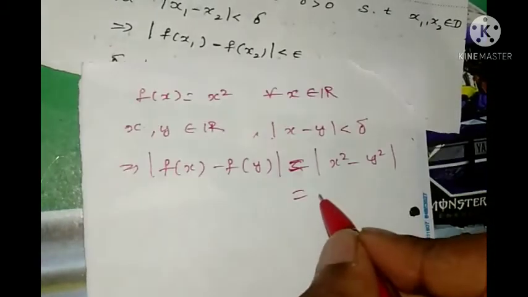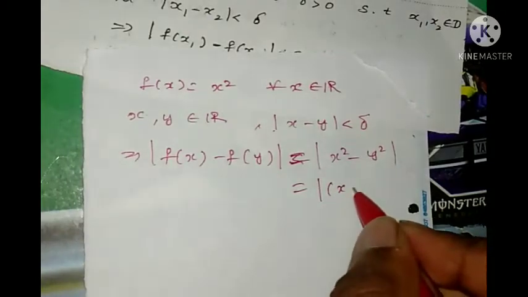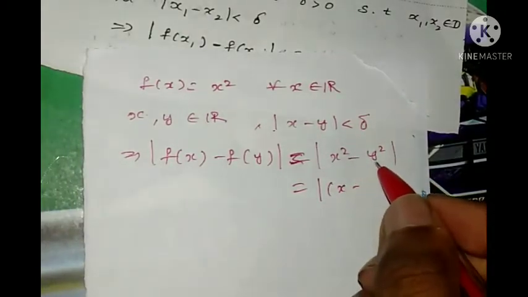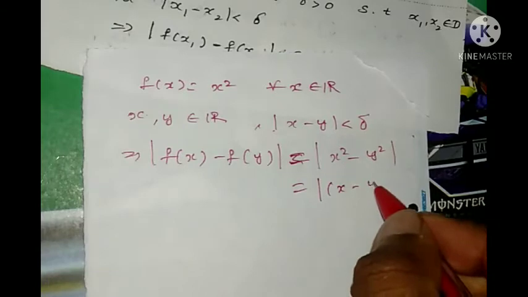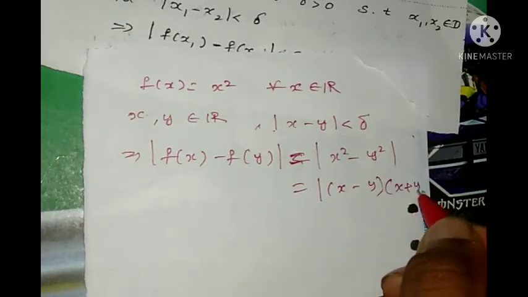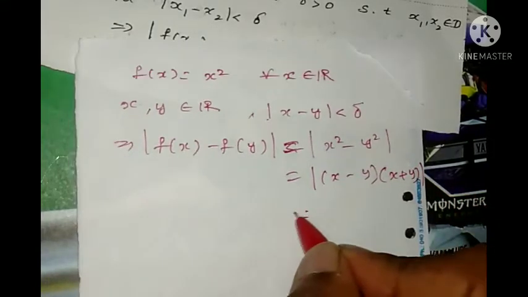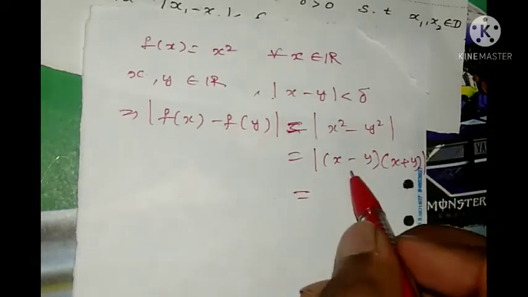By using the a square minus b square formula, this is equal to mod of x minus y and x plus y.